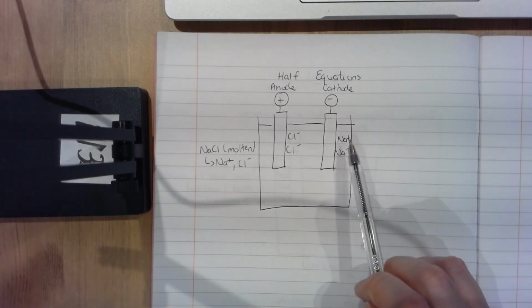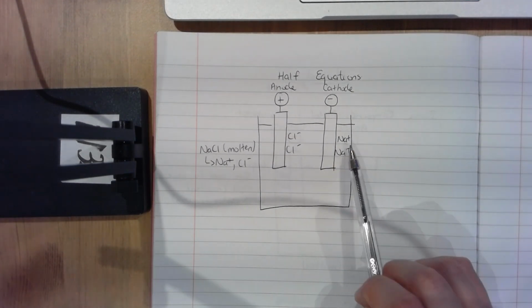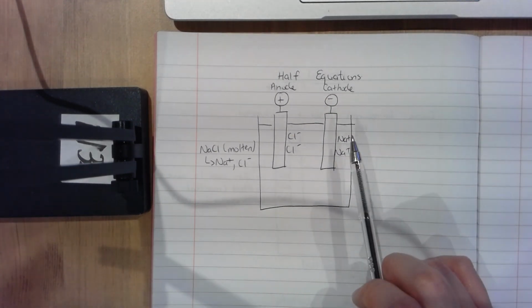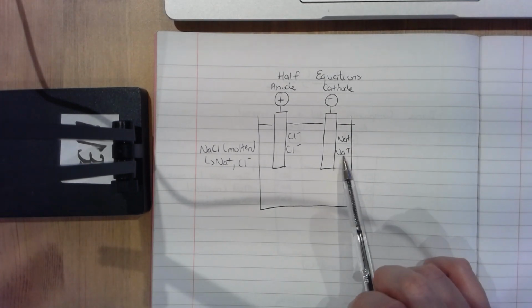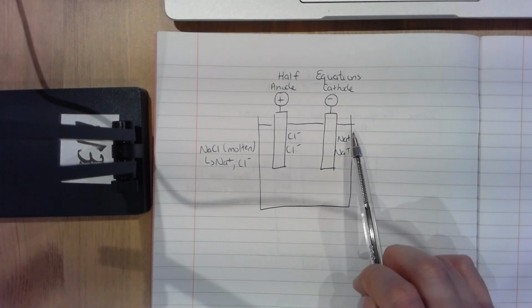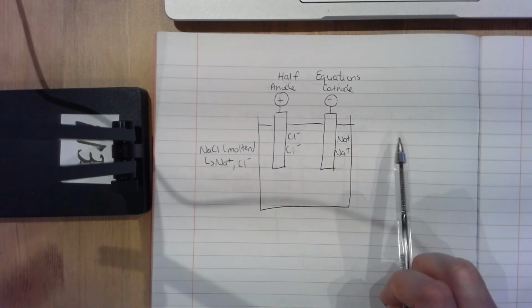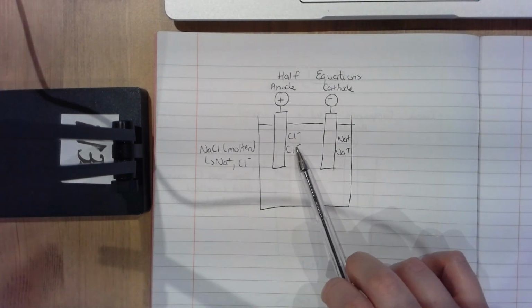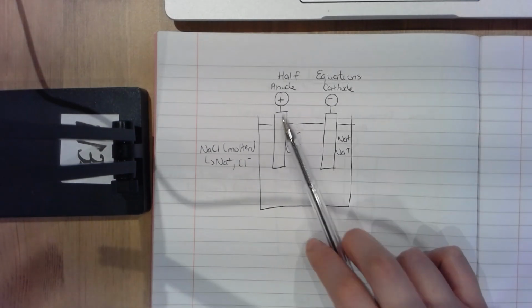The ultimate aim is to turn those ions back into the actual element itself. So we want to get sodium metal as an element. We don't want sodium as an ion. So you need to be able to convert these ions back into elements. And similarly at the anode, these chloride ions are going to be converted back into their actual elements.